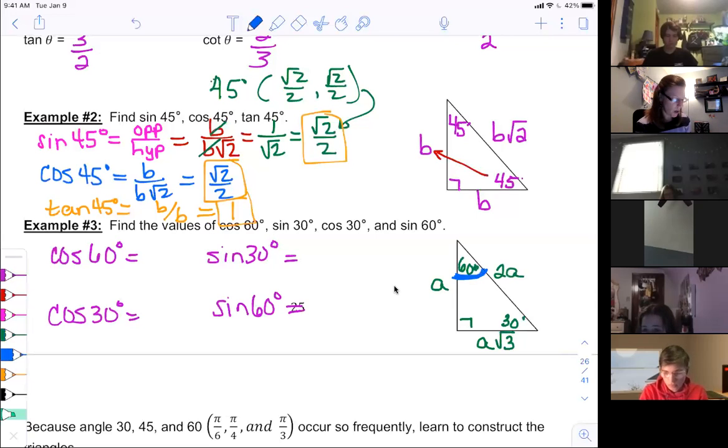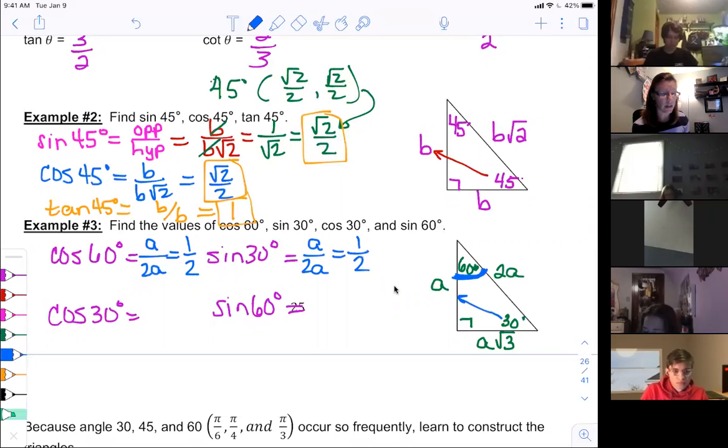If I go adjacent, it's a, hypotenuse is 2a, which makes 1/2. The sine of 30, now I'm at the bottom, going across for opposite, it's a, hypotenuse is 2a, the sine is 1/2. So the cosine of 60 degrees and the sine of 30 degrees are the same.